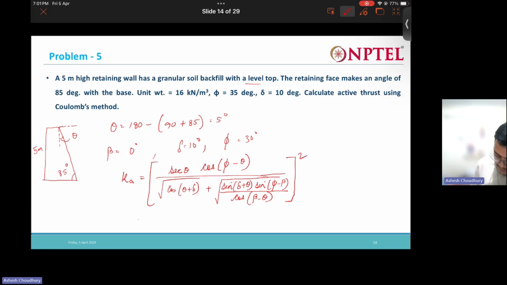So if you put all the values, please check, please do this. Put all the values, theta, beta, delta, phi, and check how much the K is.